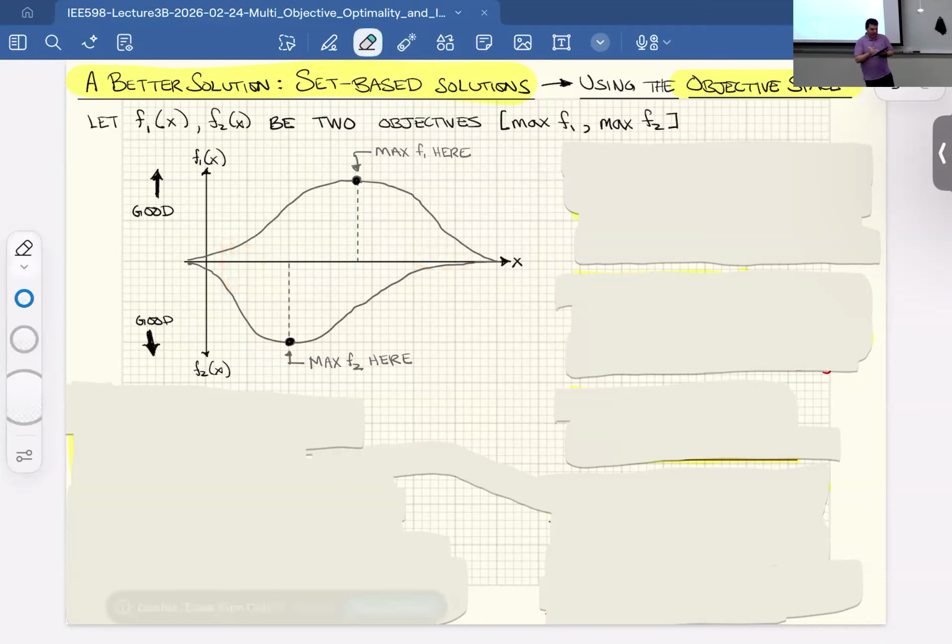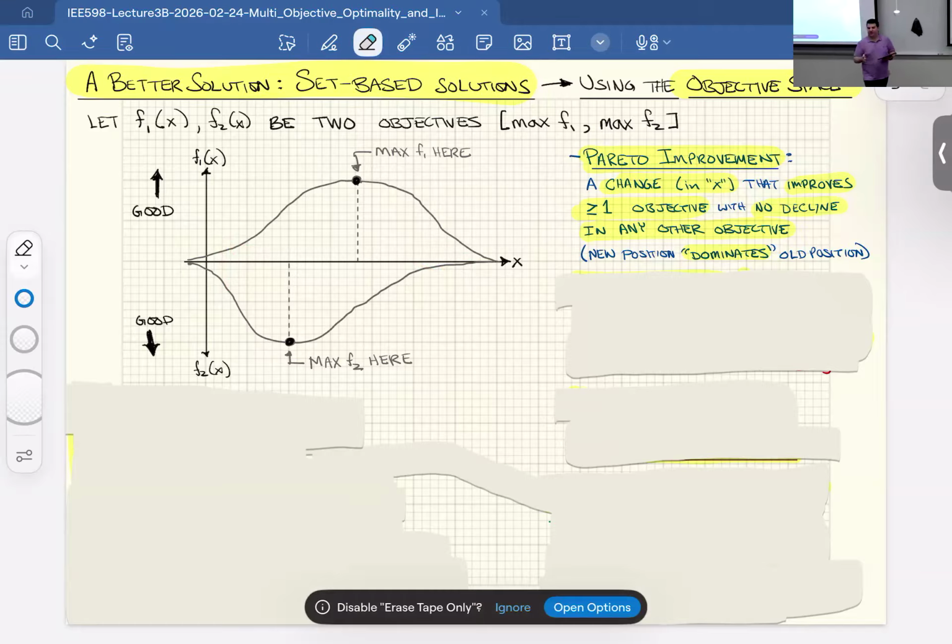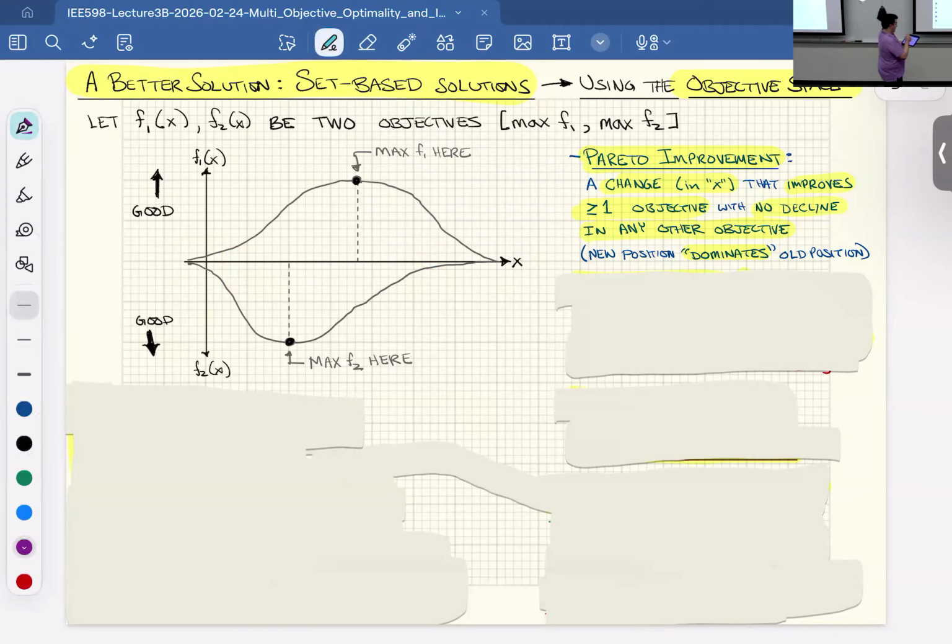That's what's known as a Pareto improvement or Pareto movement. So I could write that in here if that's helpful. I can say here, this is a Pareto improvement, just as this is a Pareto improvement.